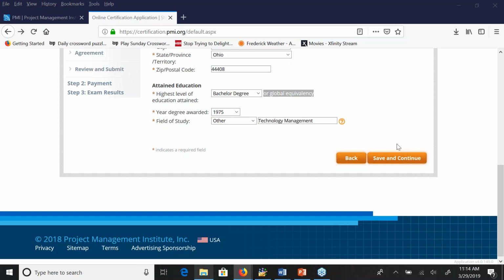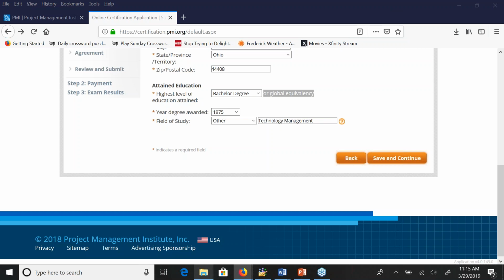Fair enough. If 10 is the high school diploma and plus 3 is your bachelor's degree, that would work. The reason it matters, though, on those two tiers, if you have a bachelor's degree, the global equivalent or better, then you have to account for 4,500 hours of project management experience over the past 8 years.